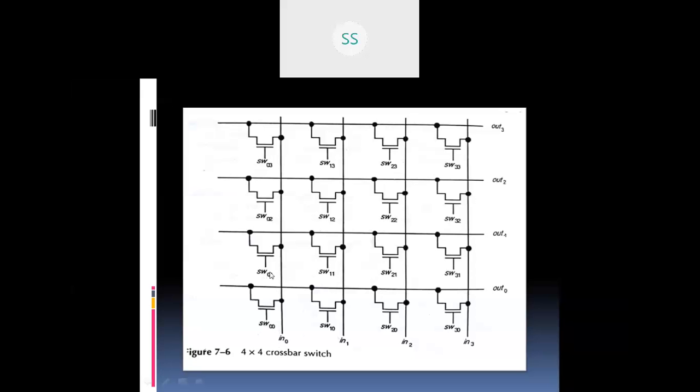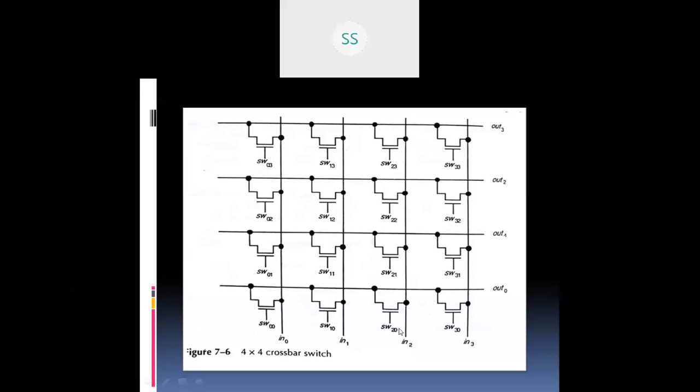Similarly, switch 01 is still on the input 0 line only, but the output line is 1, that's why its suffix is 0, 1. Similarly, this is 0, 2, and this is 0, 3. In the next column, the input line is shifted to 1, so the control signals are named 1, 0, 1, 1, 1, 2, 1, 3.